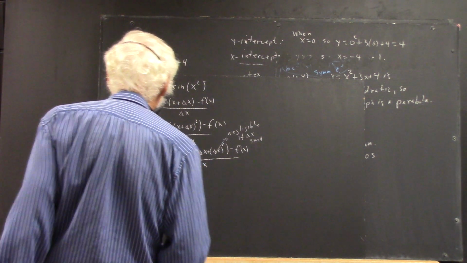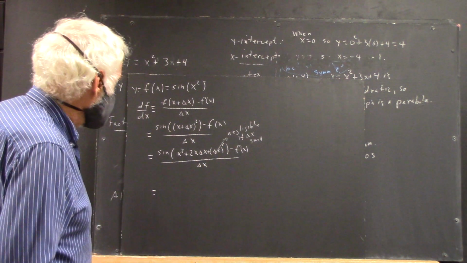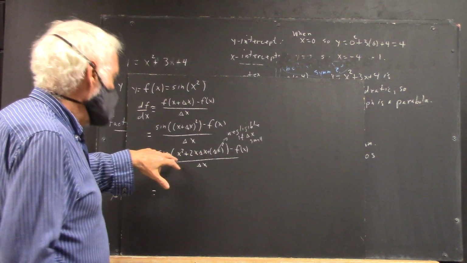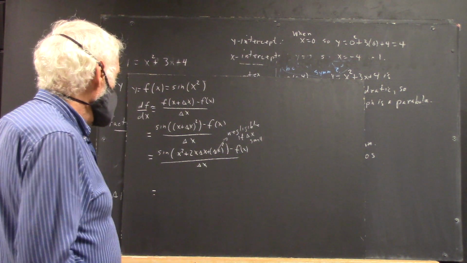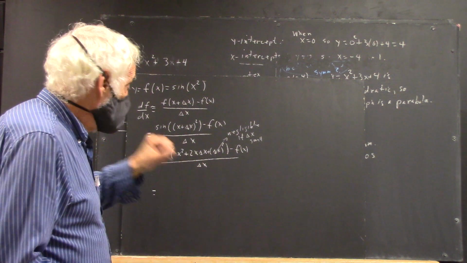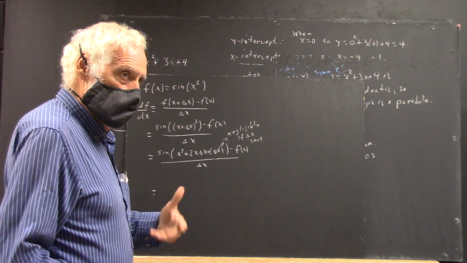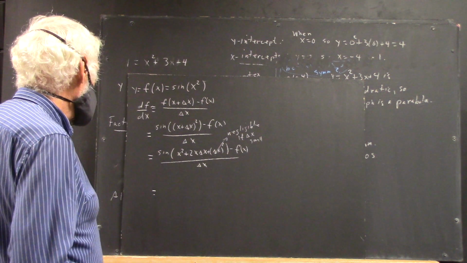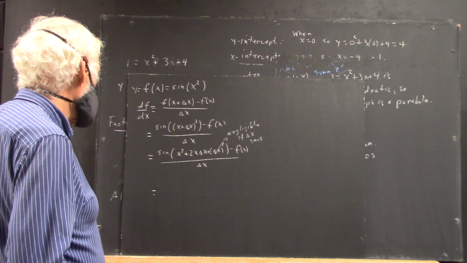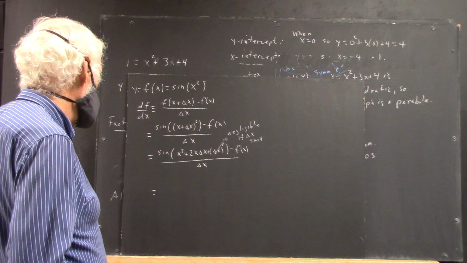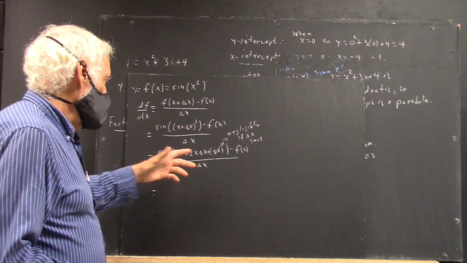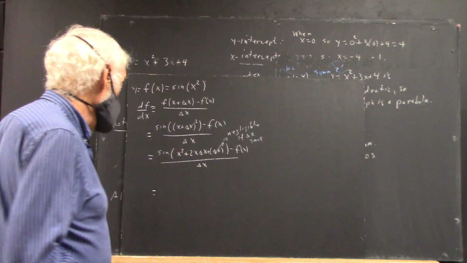Well, the sine of any quantity plus a small change is approximately equal to the derivative of the sine, which is the cosine, times that change.